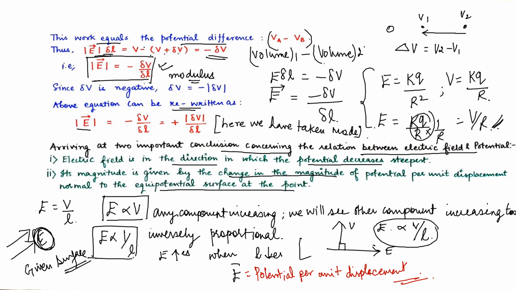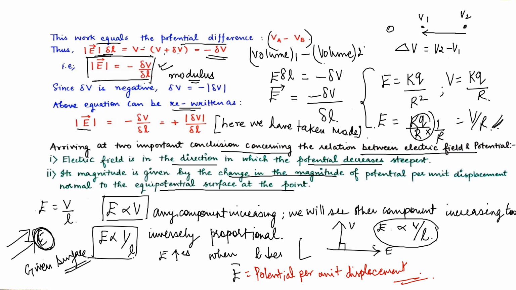Then we aimed at finding the relation of electric field to the potential, and we found that electric field is equal to potential per unit displacement. Then we got to know that this electric field and the given potential are perpendicular to each other. This perpendicularity is needed because it will give us a uniform electric field distribution.